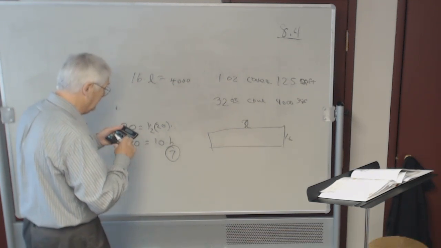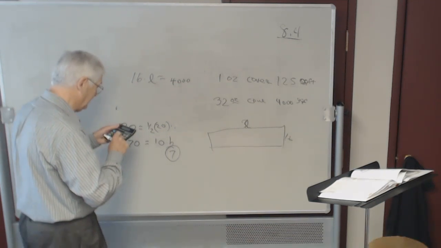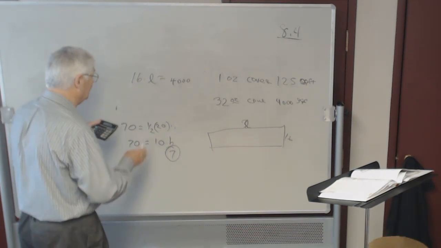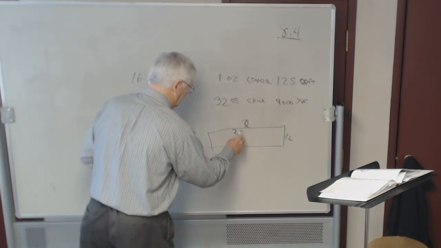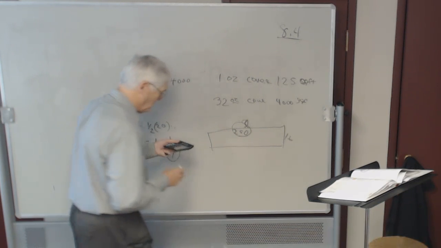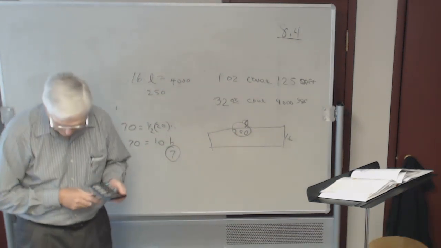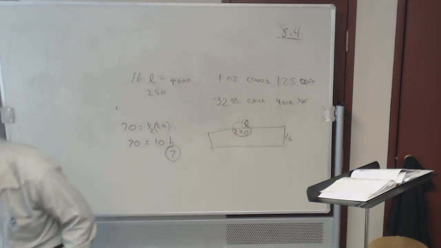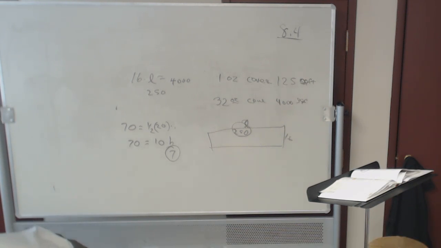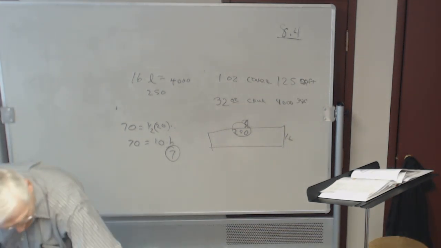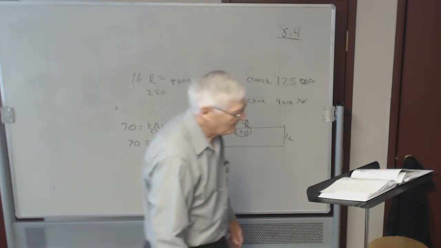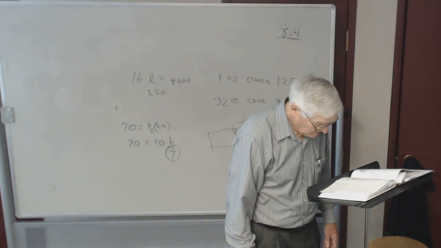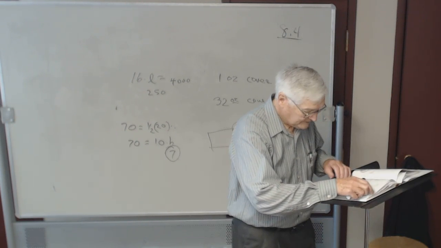So 4,000 divided by 16 tells me that the length was 250 feet. Do you follow what I did there? Let's see what the next page looks like.